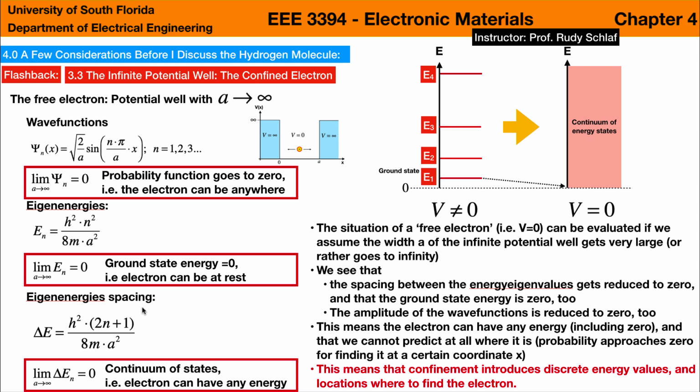And the other thing we saw is that the spacing between the eigenenergies got infinitely small also, because here we divide by a, when we call it delta E. And that gave us a continuum of energy states. So in essence, that means that the electron can take on any energy it likes within this continuum of states.